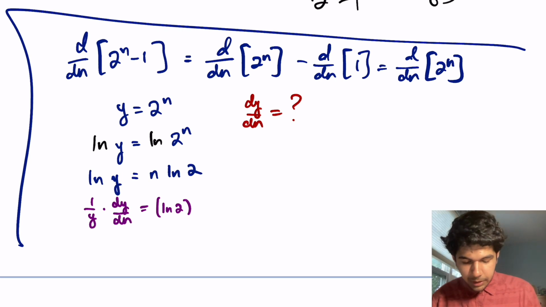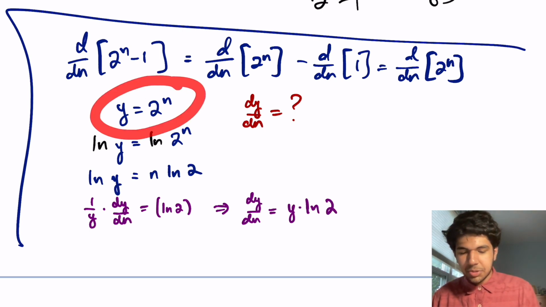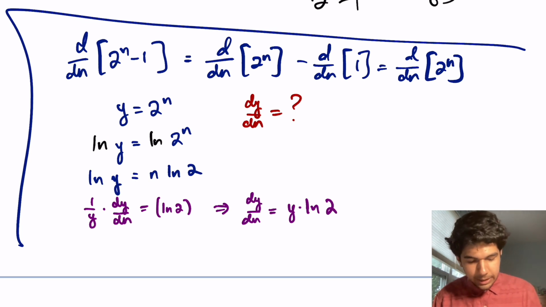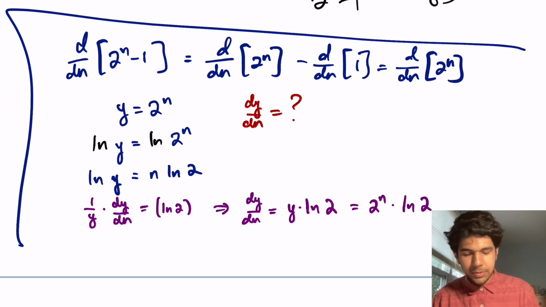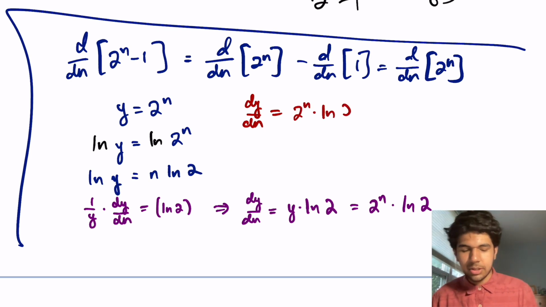So now we can multiply through by y on both sides and get dy dn is equal to y times ln of 2. But remember, y is equal to 2 to the n. We want our derivative in terms of n, so we can say that this is equal to 2 to the n times ln of 2. So dy dn is equal to 2 to the n times the natural log of 2.